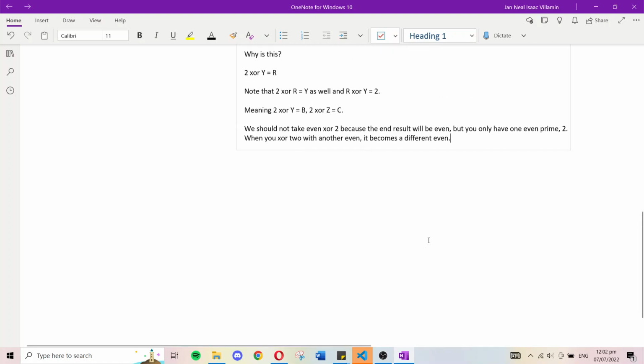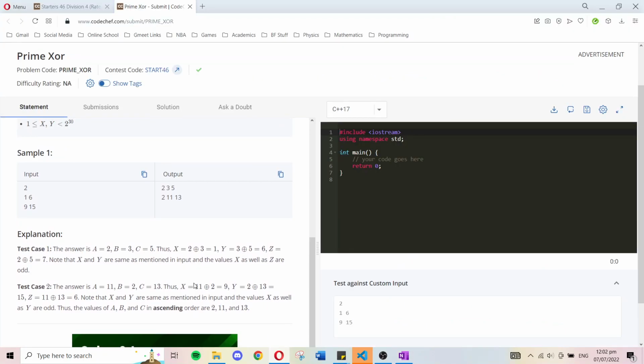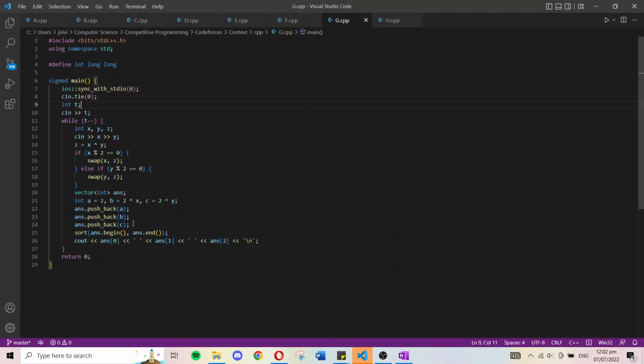Okay, so let's implement that. My implementation for this problem is to take z, which is x XOR y. Now we have to check whether x is even or y is even. If x is even, then that means y and z are odd, so we can just swap x and z, right?